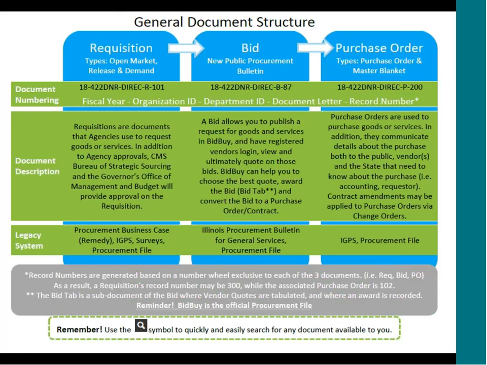We're going to cover a little bit of this document in further slides, but we wanted to point out the general document structure in BidBuy. As you enter a procurement, you will move from a requisition to a bid and then a purchase order. Under the bid itself, there's also the bid tab, which we just talked about being the award information.